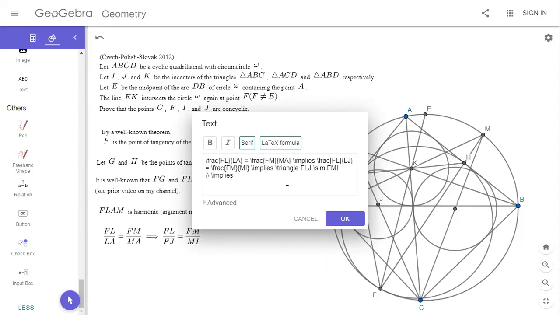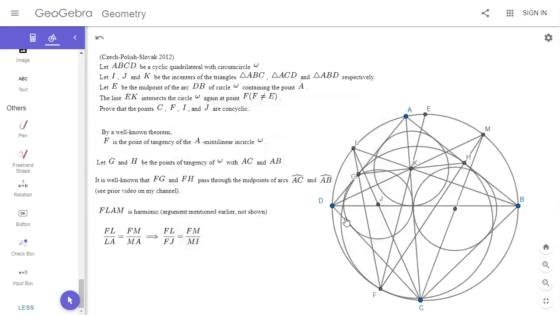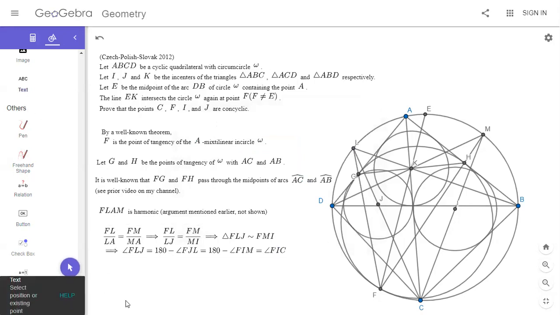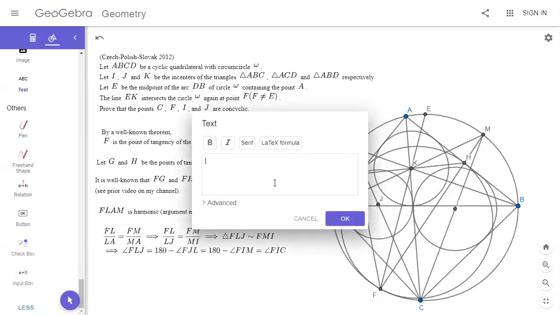That implies angle FJC is 180 minus angle FJL, which is 180 minus angle FIM, which is angle FIC. And that means that FJIC is cyclic.